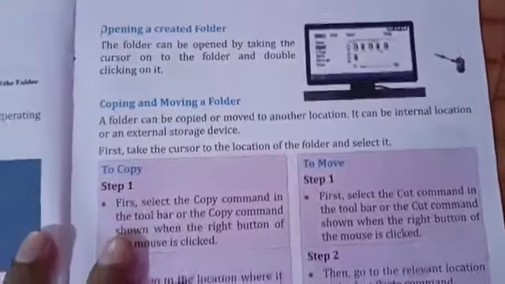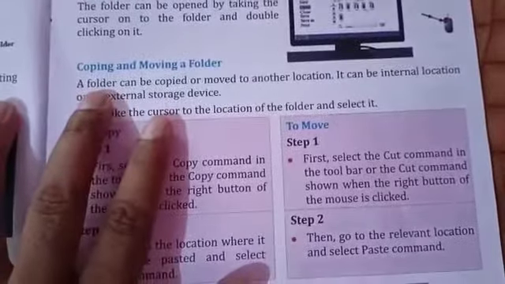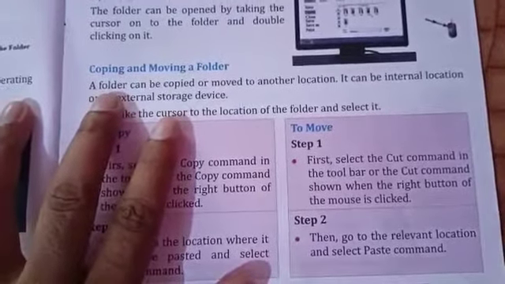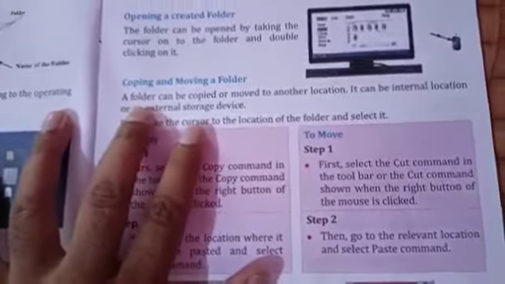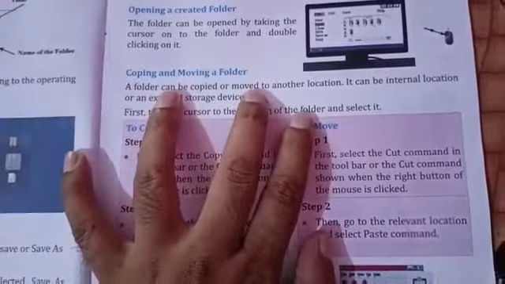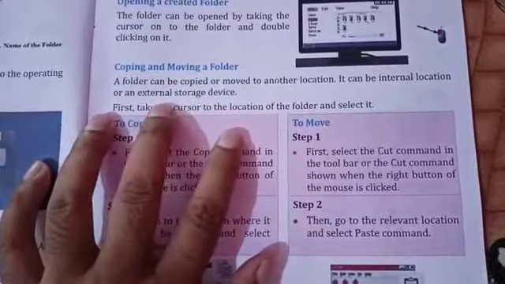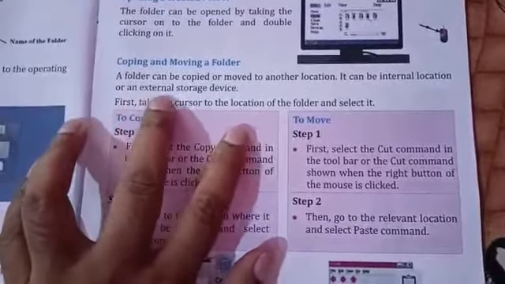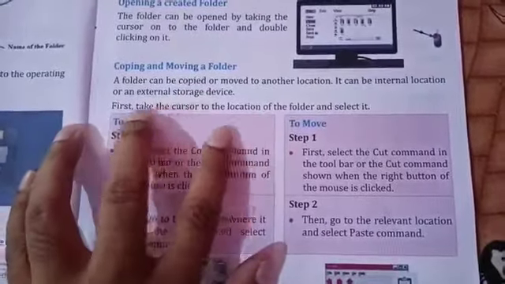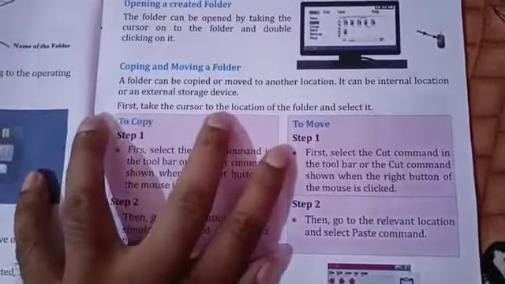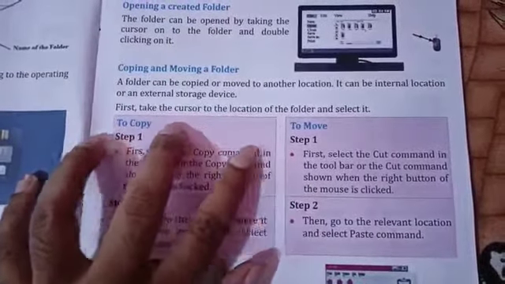Copying and moving a folder. A folder can be copied or moved to another location. It can be an internal location or an external storage device. First, take the cursor to the location of the folder and select it.